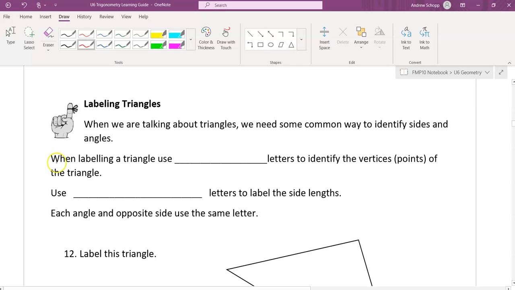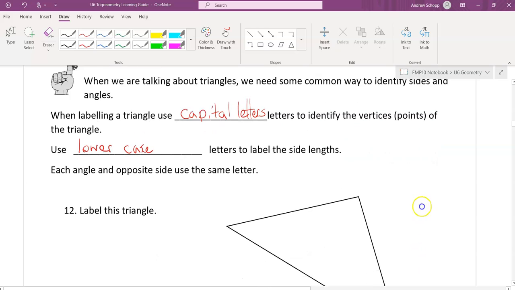When labeling a triangle, we want to use capital letters to identify the vertices or points of a triangle, and we want to use lowercase letters to label the side lengths.